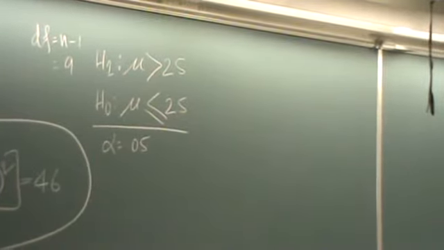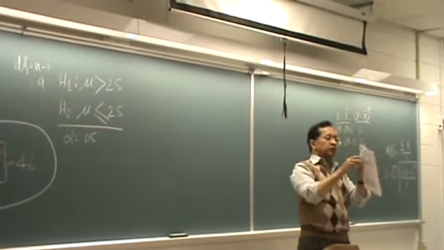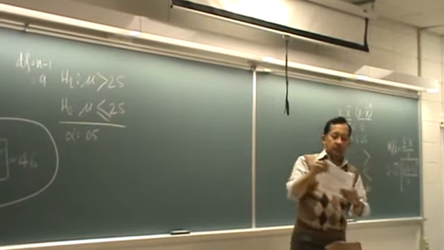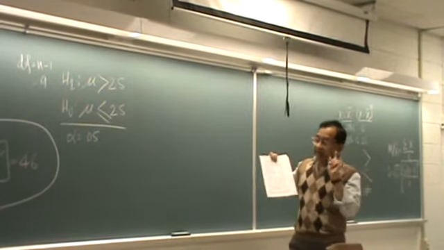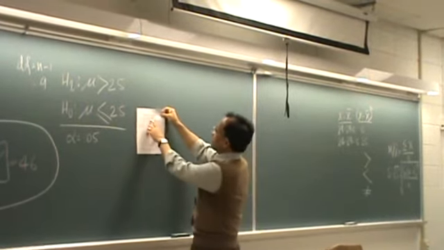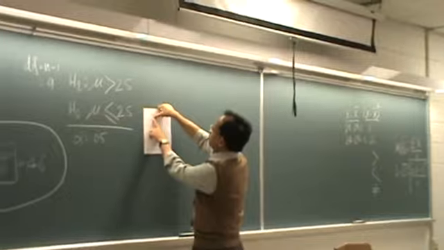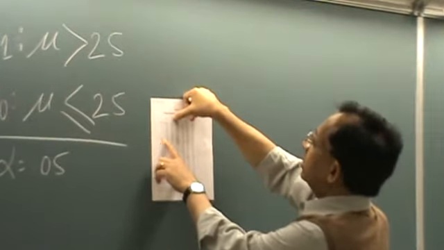This table. So we look at this table and look for the information. One tail test, alpha 0.05, degrees of freedom 9.